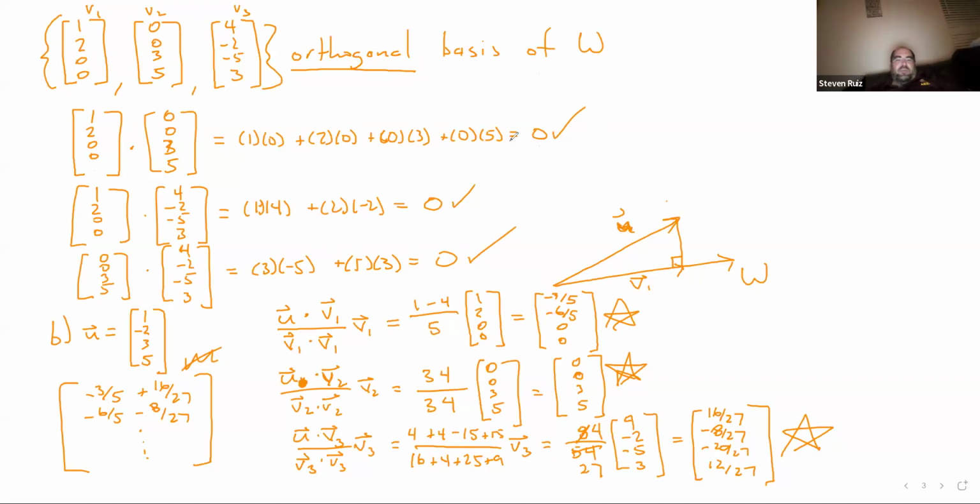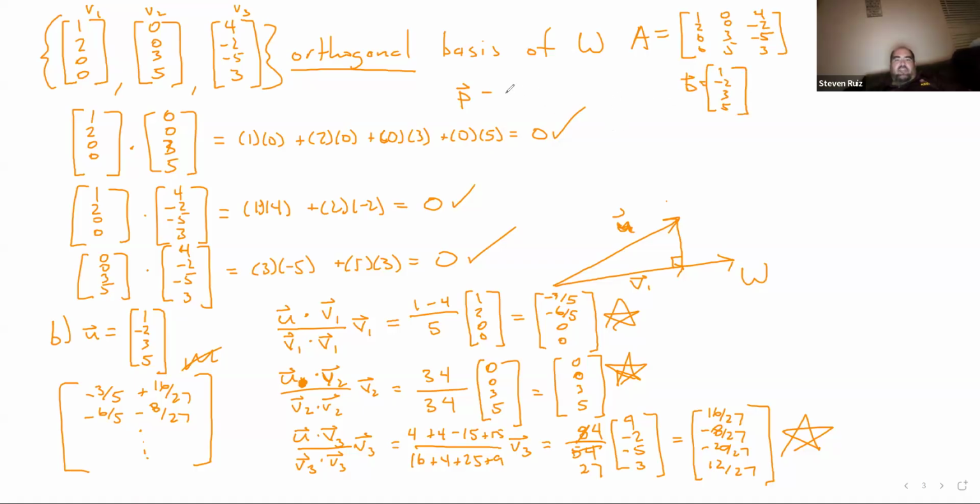But just to be clear, we could have done this. We could have done P equals. So let A equal 1, 2, 0, 0, 0, 0, 3, 5, 4, -2, -5, 3, and B equals 1, -2, 3, 5.